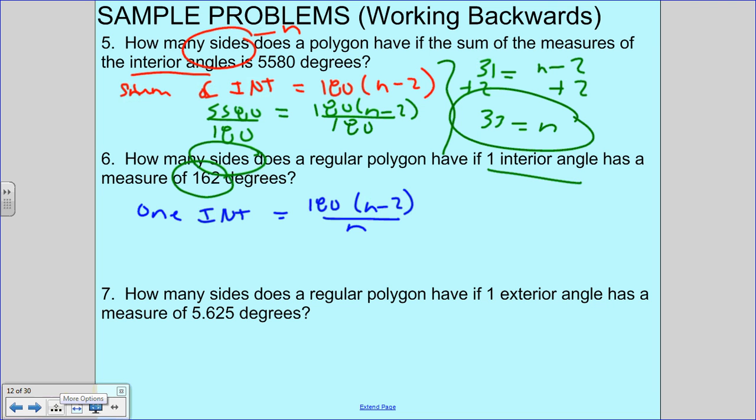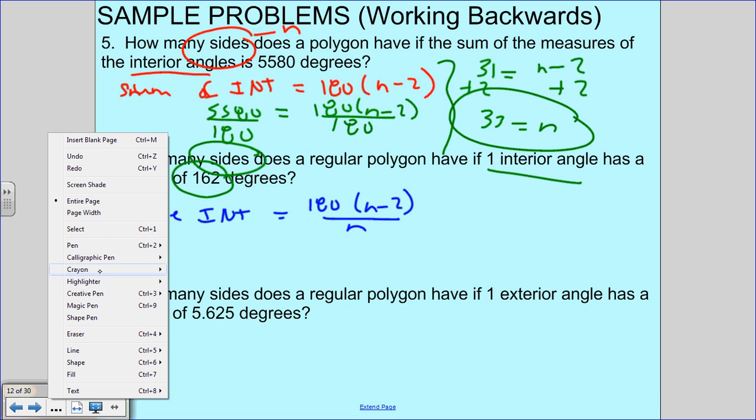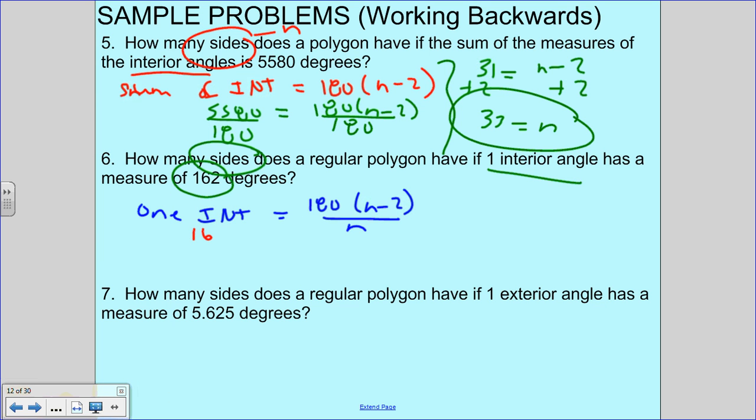Okay, so we know what one of them measures, and that's 162. Now you can put 162 over 1 and cross multiply and solve for your n that way.